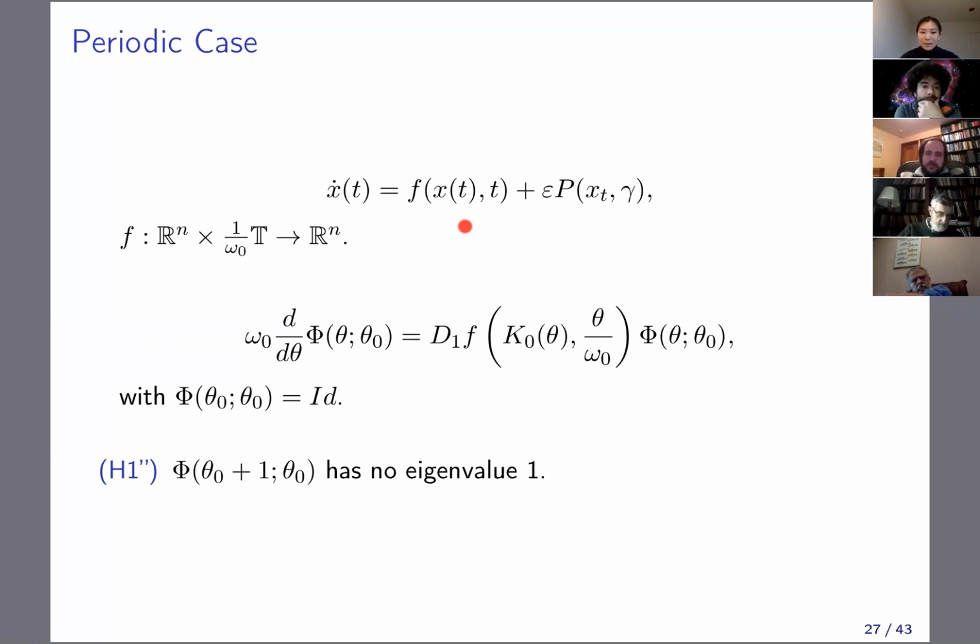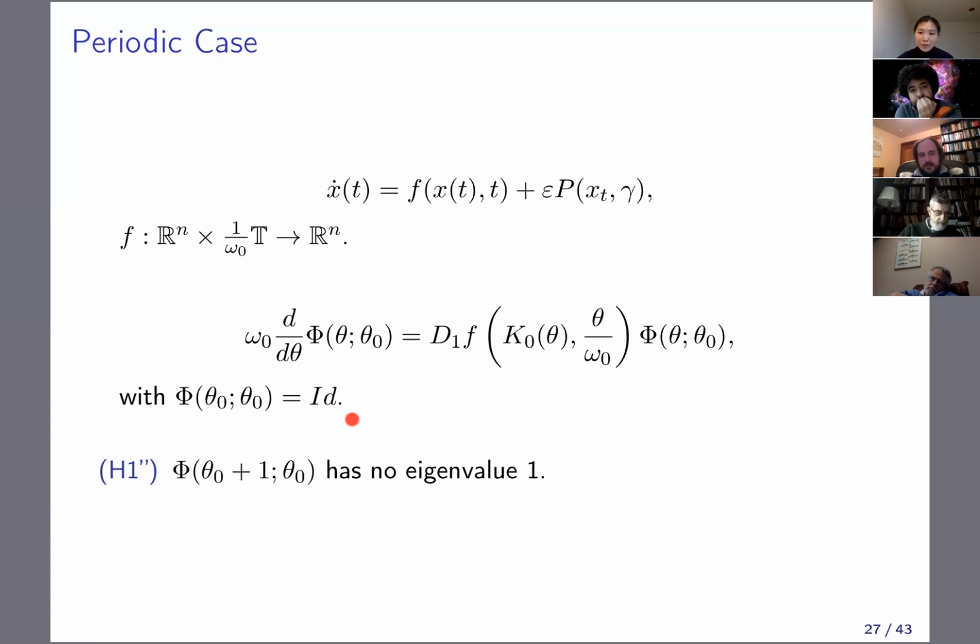And similar to before, we still consider the solution to the variational equation around the periodic orbit with this initial condition. Instead of the assumption H1, which says that the monodromy matrix has simple eigenvalue 1, we just assume that the monodromy matrix has no eigenvalue 1. The proof of this is actually easier than before because we do not need to adjust the frequency.